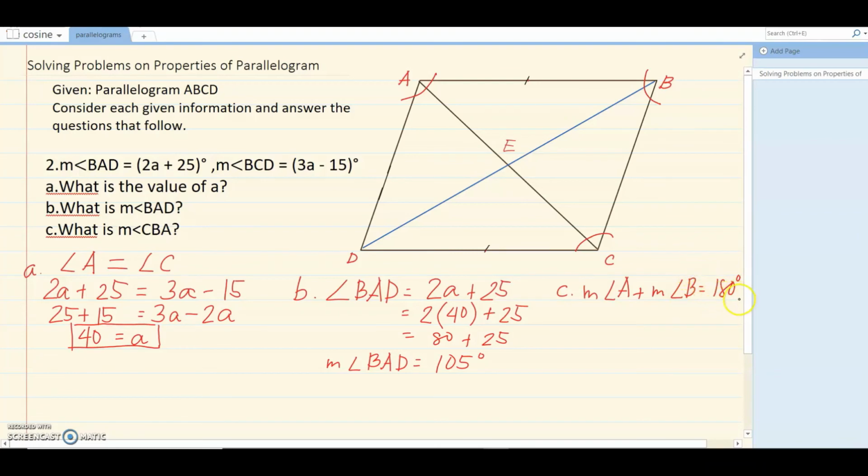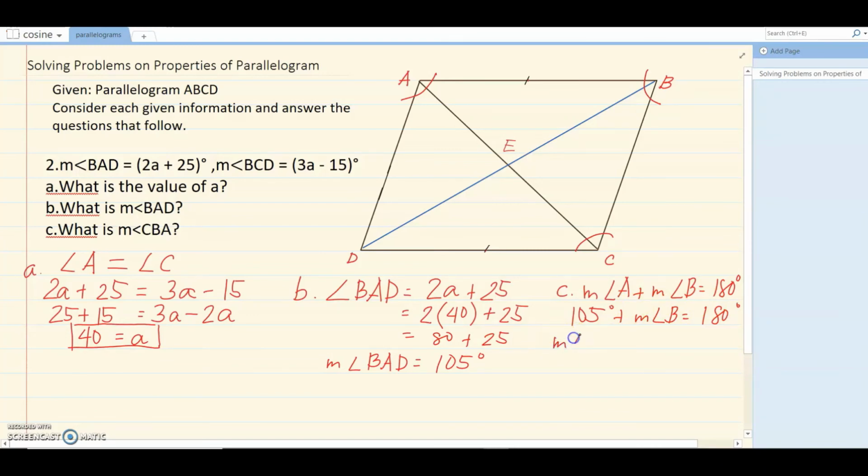That's why the sum is 180 degrees. And we already have the measure of angle BAD for letter B, which is 105 degrees. Or kunin lang natin yung gitna, which is the measure of angle A. So that's 105 degrees plus the measure of angle B equals 180 degrees.